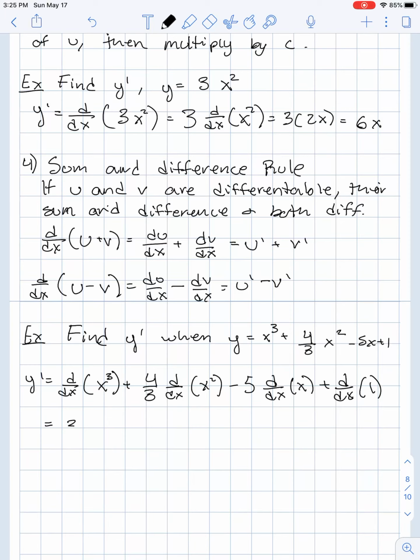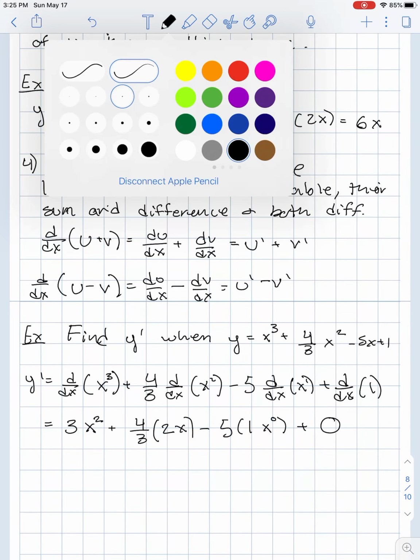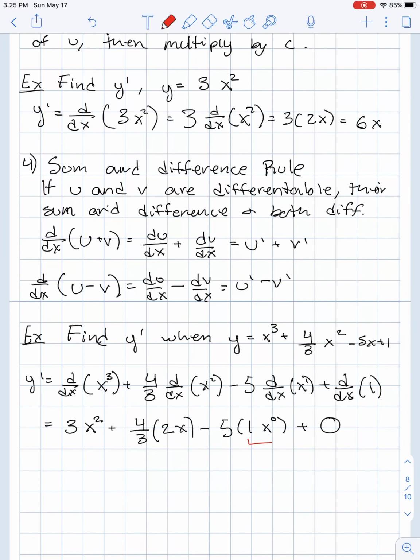Alrighty, so power rule says that x cubed's derivative is 3x squared plus 4/3 times the derivative of x squared, which is 2x, minus 5, x's derivative. x is technically x to the 1, so that 1's going to come down, x to the 0, plus derivative of a constant is 0.